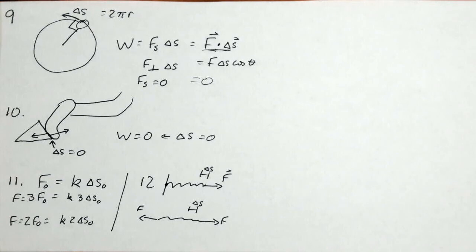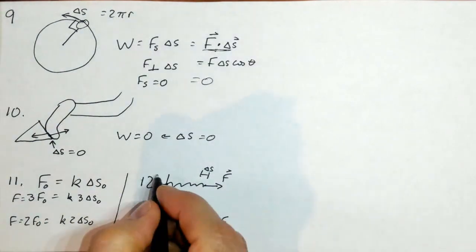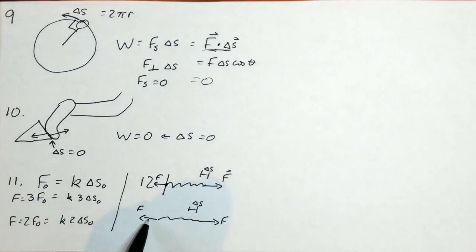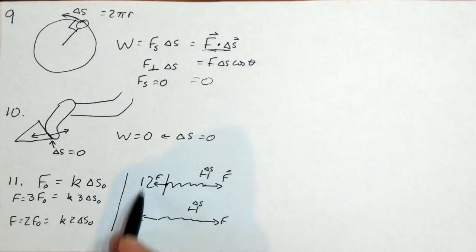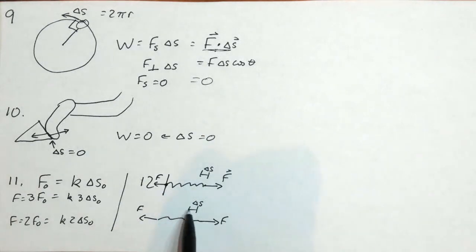So the wall has to pull back on that spring. And in fact, if the spring's not going to accelerate, then that wall better pull back with the same size force. So the wall is pulling back with the same force F as this friend here is pulling. So these two scenarios are exactly the same. The force must be equal everywhere within the spring in order for Newton's second law to hold. Okay, so these are the same scenarios, so delta S is the same.